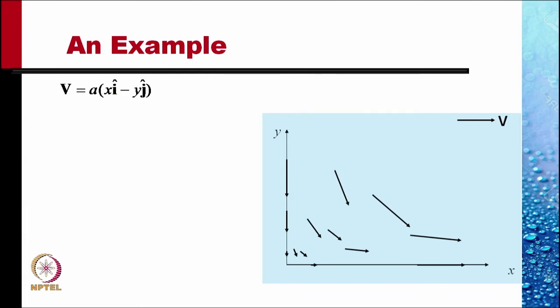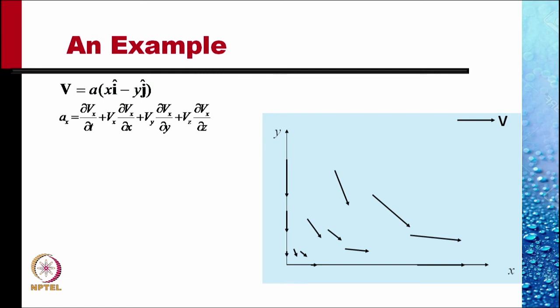Now let's determine the acceleration. Acceleration of particles which are at location x and y. Ax, the x component acceleration, by the Euler acceleration formula, is del Vx by del t, the local rate of change, plus the convective rate of change.